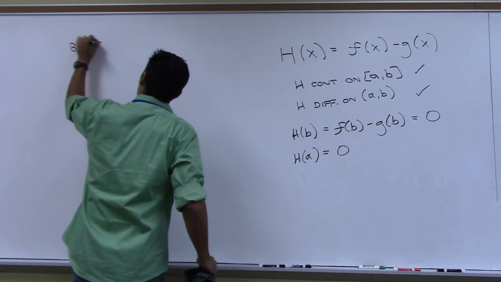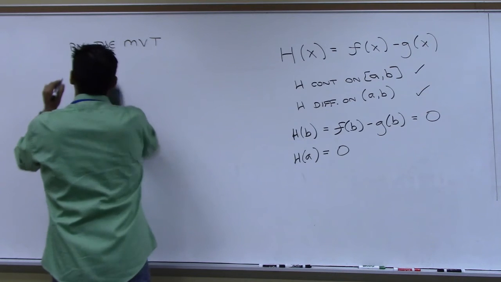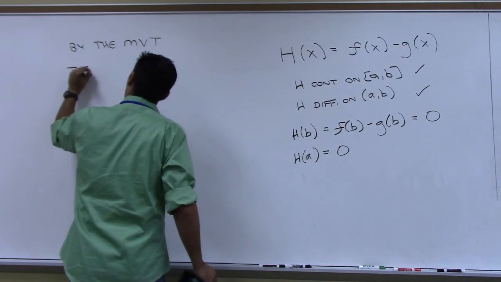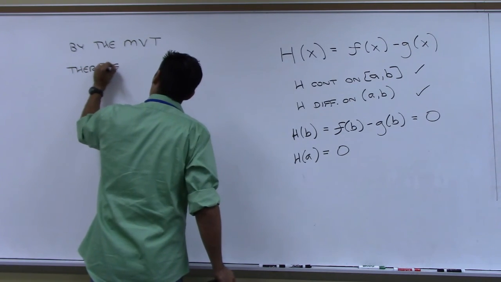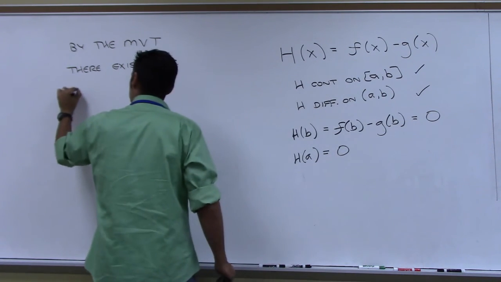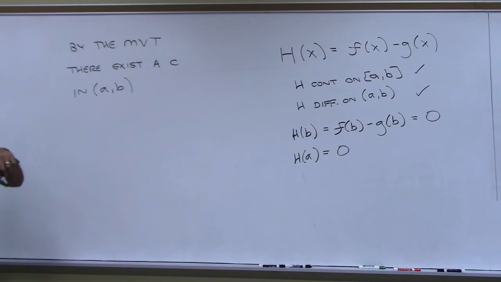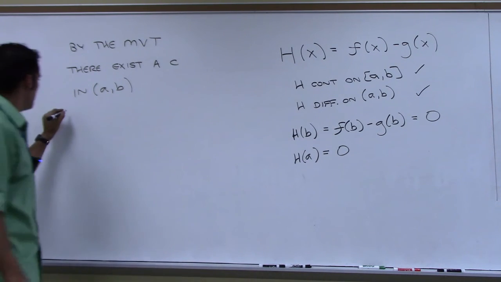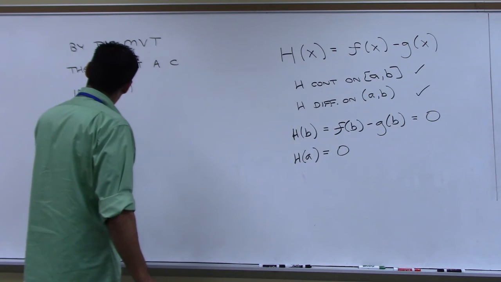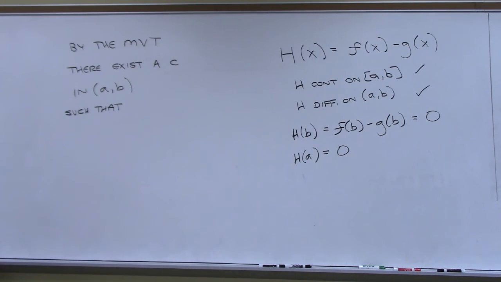By the mean value theorem, there exists a c inside (a, b), right? That's what the theorem says. There's some number inside the interval such that what's true? I'm working with capital H here. Such that what's true?